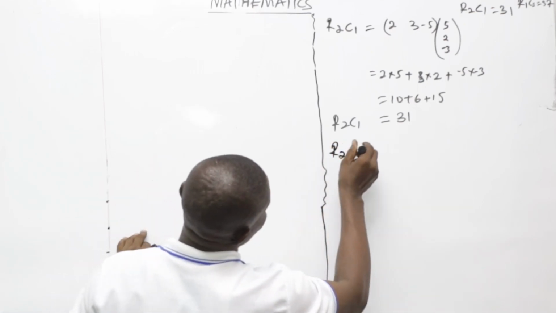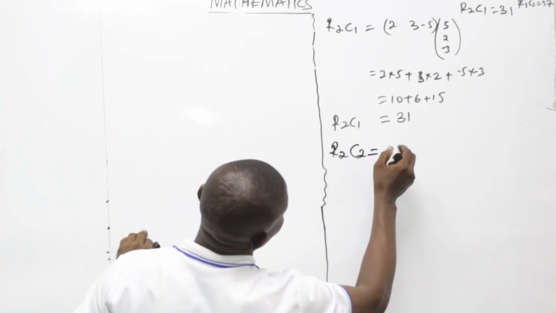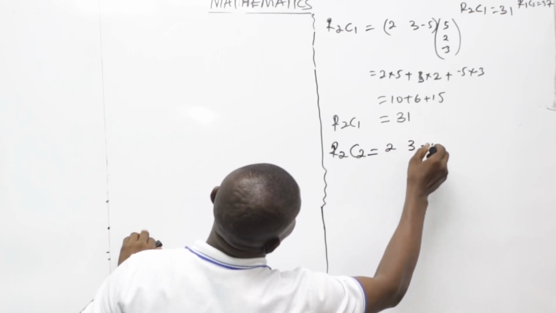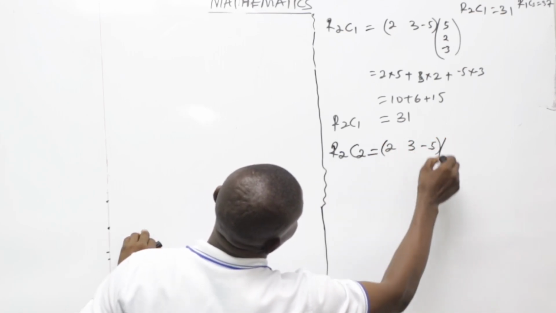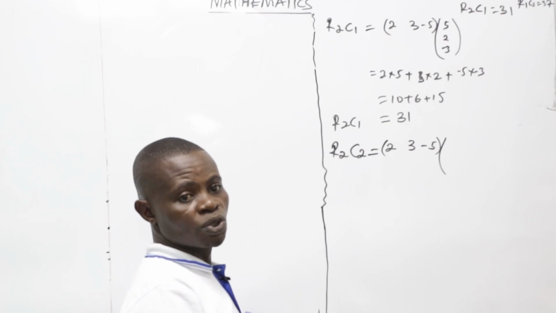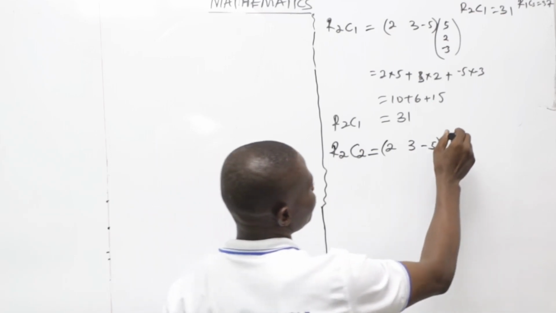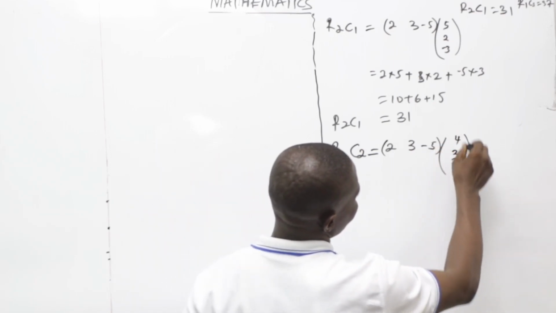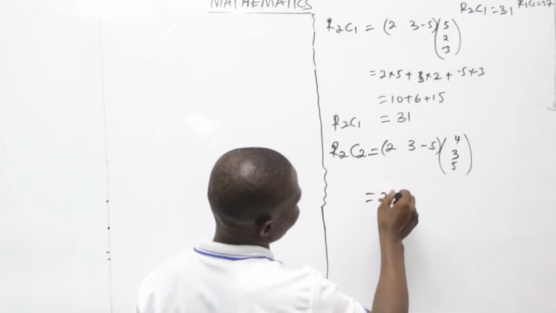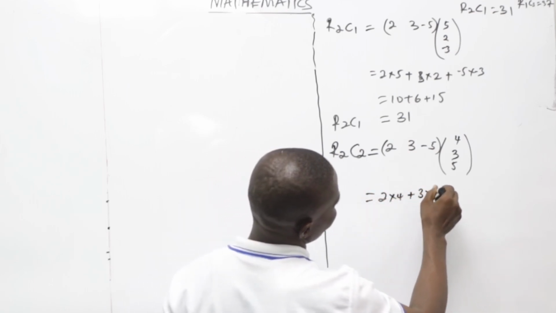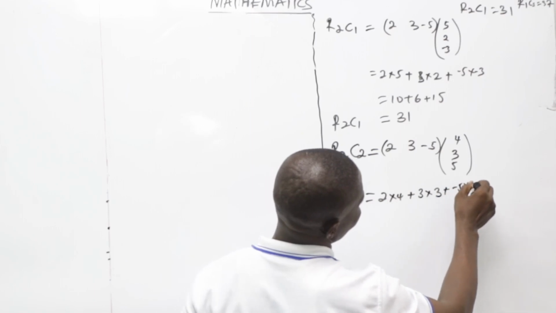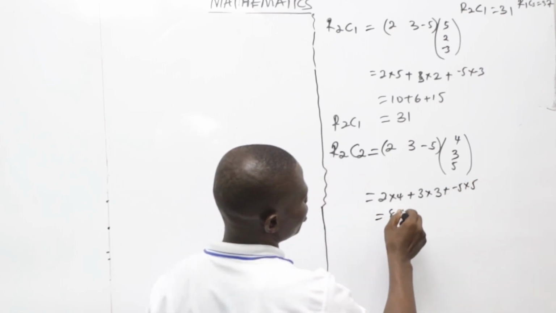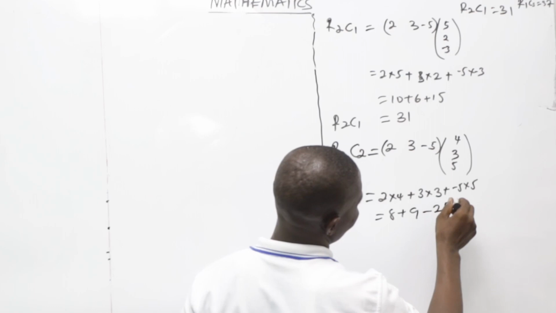Row 2, column 2 equals 2, 3 minus 5 into column 2, 4, 3, 5 to give us 2 times 4 plus 3 times 3 plus minus 5 times 5. That is 8 plus 9 minus 25.